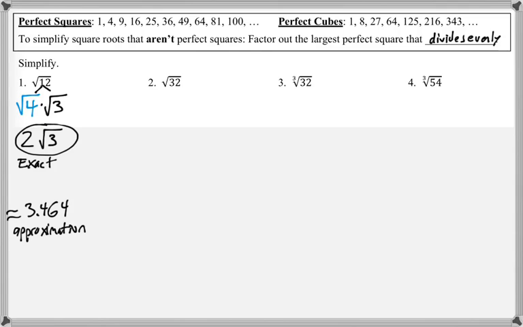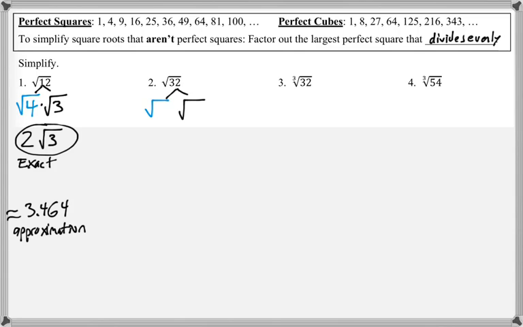Okay, so square root of 32, I want to break that up into a perfect square times whatever it is that gets back to 32. So I need to go down my list of perfect squares. 1 goes into it, but we don't care. 4 goes into it. 9 does not go into it. 16 does. 25, that's getting too big. 36 is definitely too big.